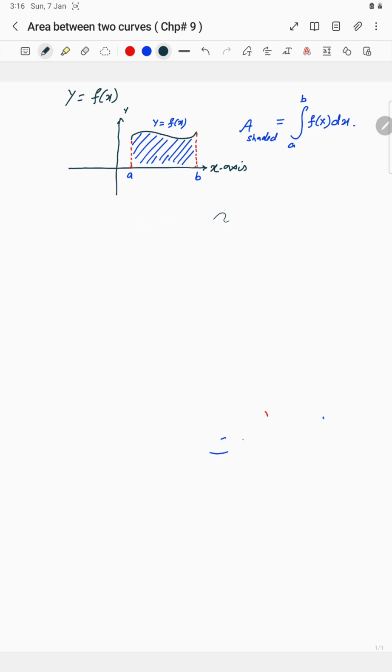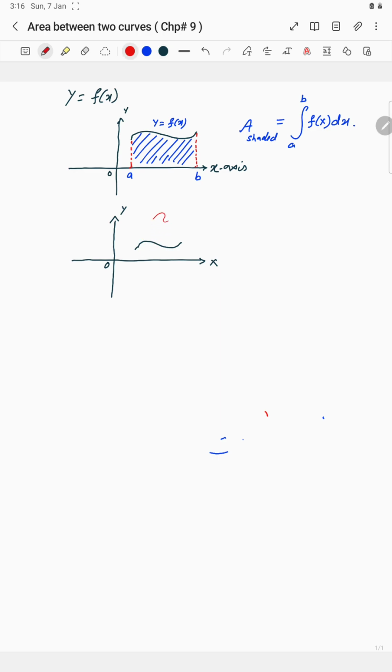Similarly, if we have another curve, say now y in terms of g of x, like here, g of x is this. Suppose this is the origin.